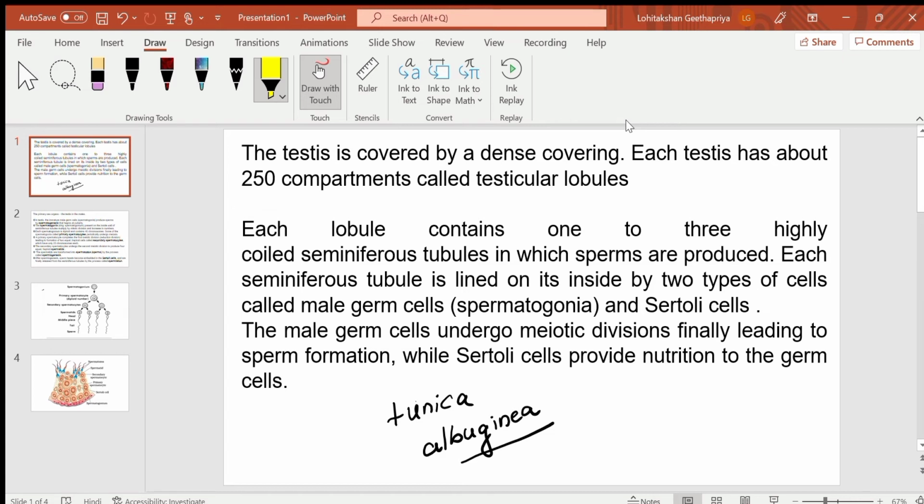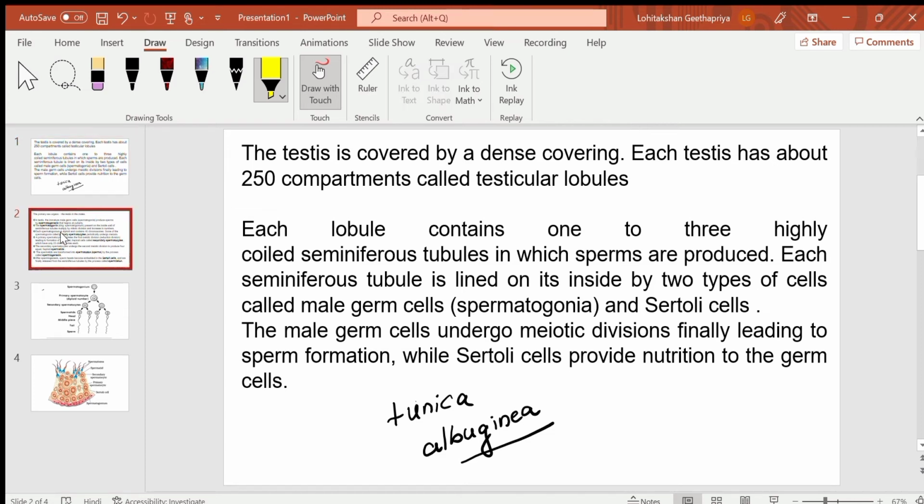The first is the spermatogonia, the immature germ cells, which are not in the mature form, and the Sertoli cells. The Sertoli cells are additional cells present in the seminiferous tubules, and they provide further nutrition to the germ cells as they mature. This is what we need to know from this slide.